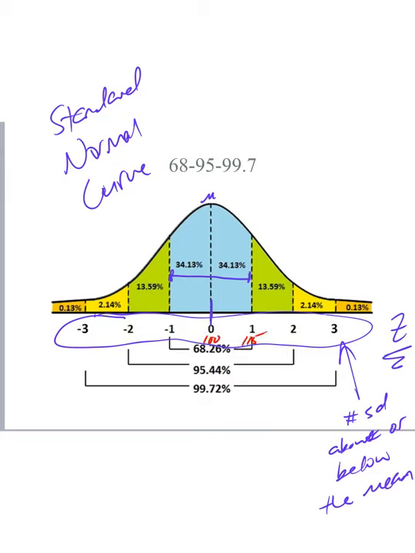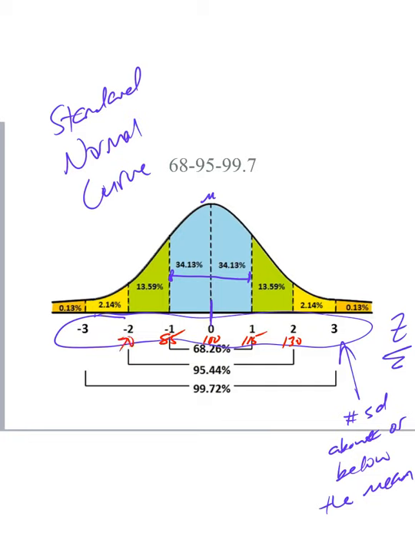So 1 standard deviation above is 115, 1 standard deviation below is 85 for the general population. You know, if you change your population group, that could change with each one depending on the group that you're involved with. So 2 standard deviations above the mean would be 130, 2 standard deviations below would be 70.